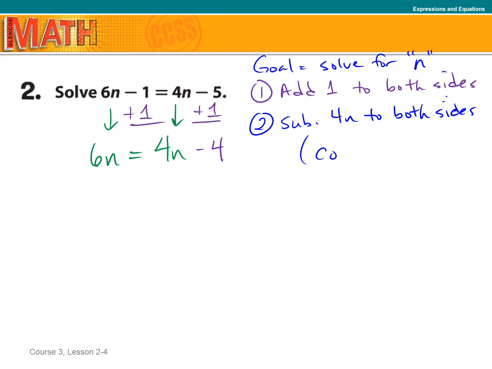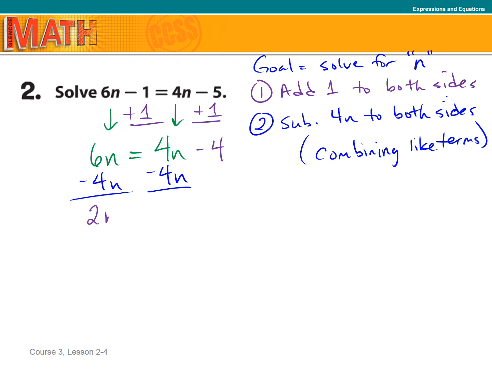Again, this is called combining like terms. 6n minus 4n is 2n, equal to, the 4n minus 4n eliminates each other, and I'm left with negative 4 on the right hand side. My third step, yes, you guessed it, I'm going to divide both sides by 2. The 2's get eliminated, and n is equal to negative 2.